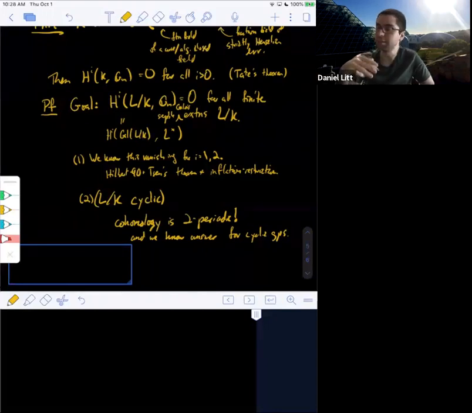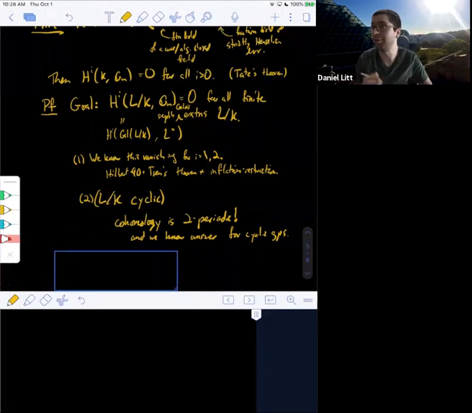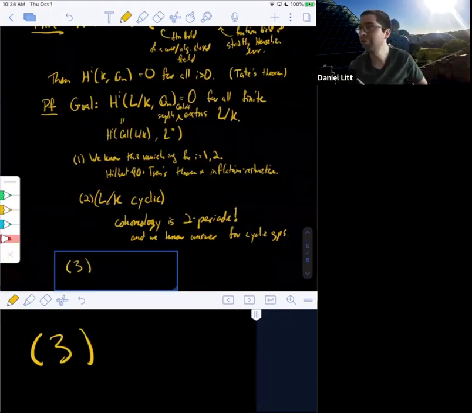And the amazing fact is that there's a 2 periodic resolution of the trivial G module for a cyclic group, and you just write it down. I think it's a miraculous fact. I really don't know a trivial way of thinking about it. All right, any questions about that?